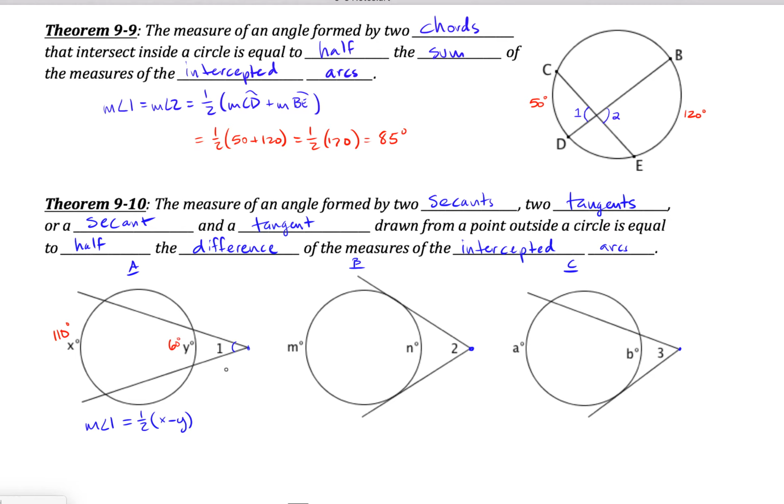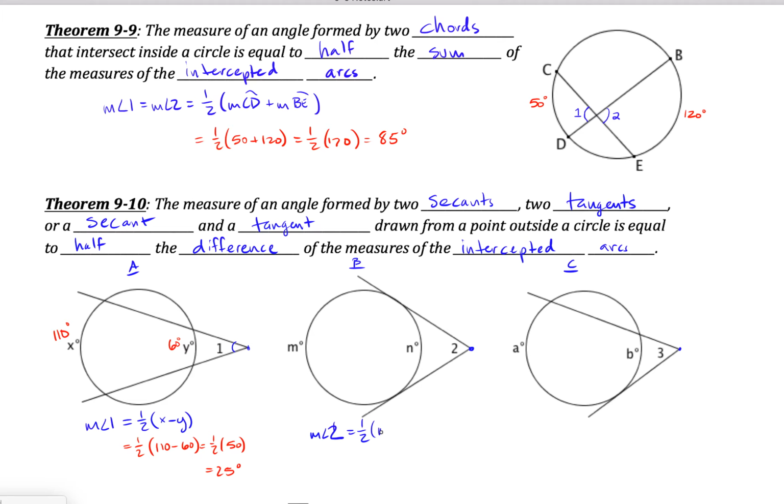I don't know how accurate that is for what the picture shows, but let's imagine that those are the two intercepted arc measurements. Then angle 1 measure would be 1/2 of 110 minus 60, which is half of 50, which would be 25 degrees.